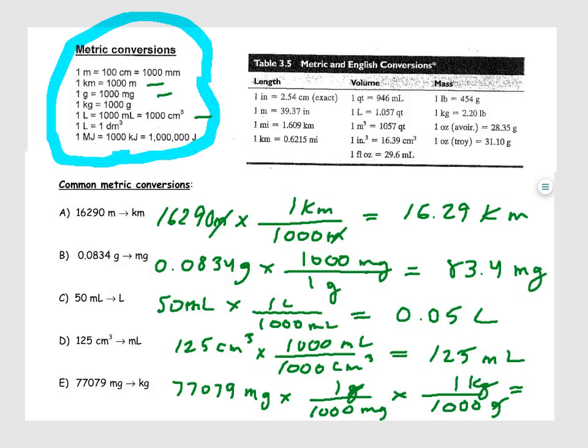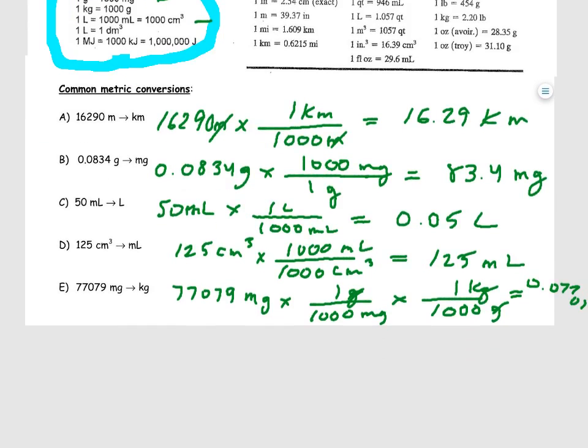The long and the short of it is you should get an answer of 0.077079, which I ran out of room for. The final answer can have 5 significant digits. So you can write it in standard form, 0.077079, or you can write it in scientific notation, 7.7079 times 10 to the negative 2.